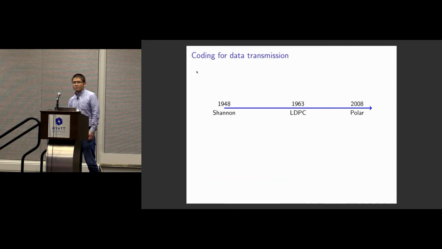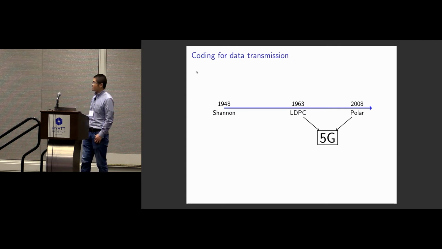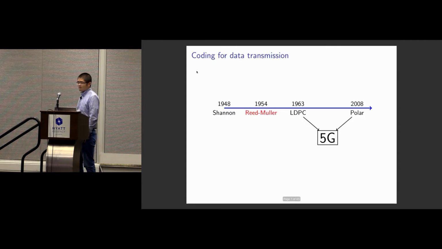So Shannon's theorem was established in 1948. Of course, by today, we already know several families of capacity-achieving codes, like LDPC codes and polar codes, and maybe you have already heard of these. They both entered the 5G standards. But today we will talk about a more ancient code family called Reed-Muller codes.